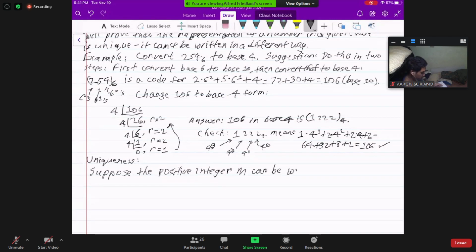Can be written, let's say with 5 digits, and suppose it can be written another way, maybe with 3 digits.